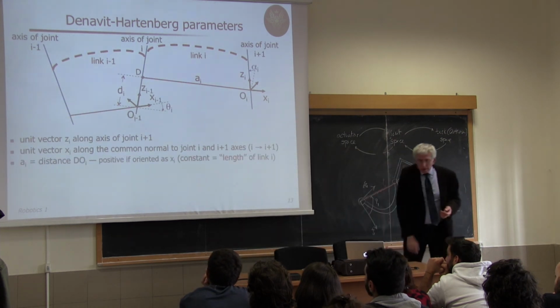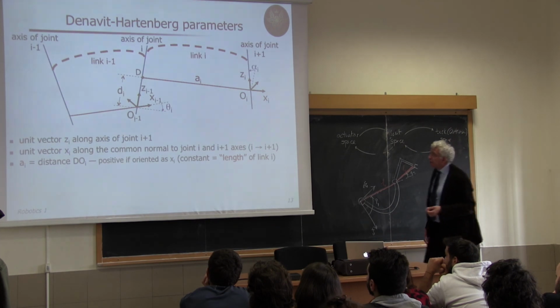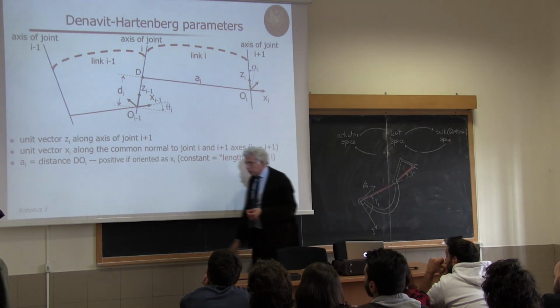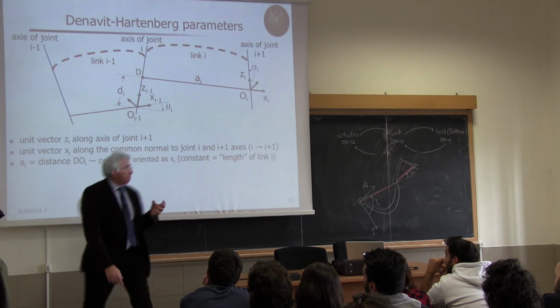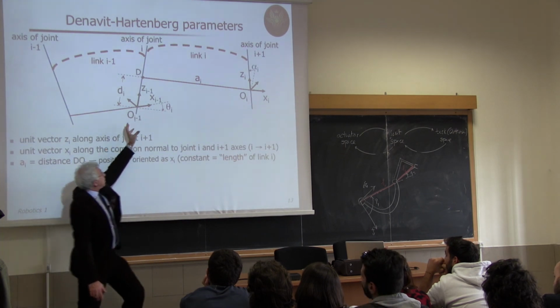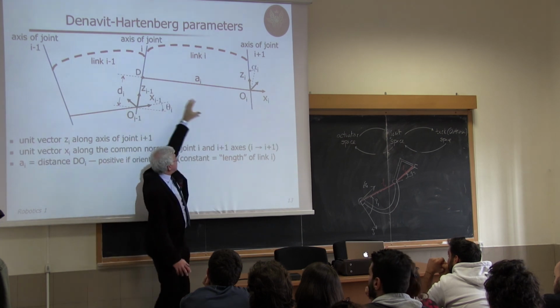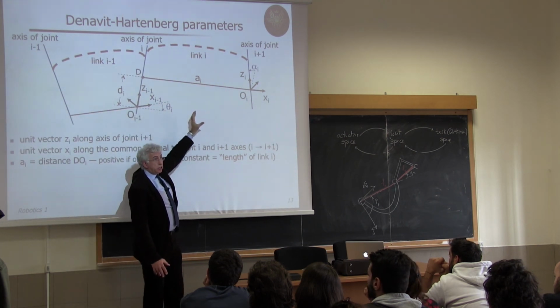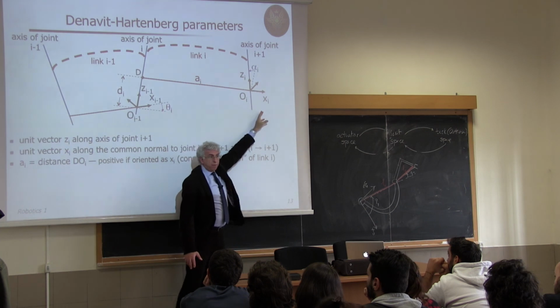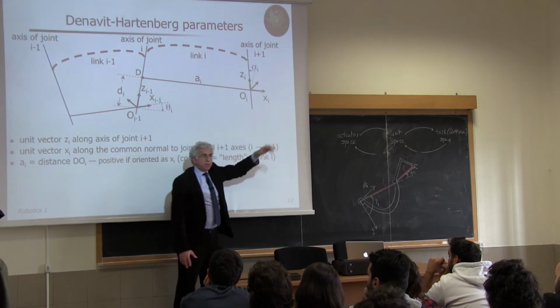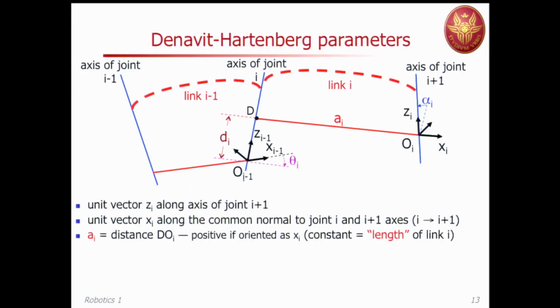And now we compute the 4 parameters. And these parameters should be interpreted as parameters for superposing this frame, pay attention, superposing this frame with elementary translations or rotations to this frame. You remember the interpretation of rotation matrices and then of homogeneous transformation matrices.